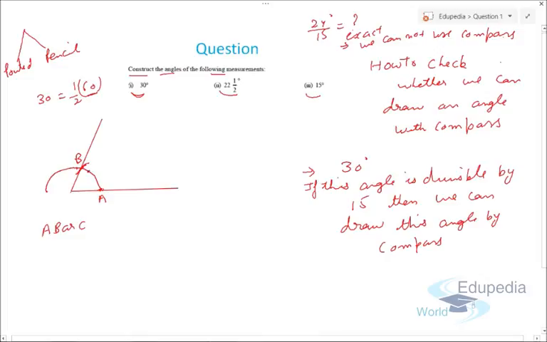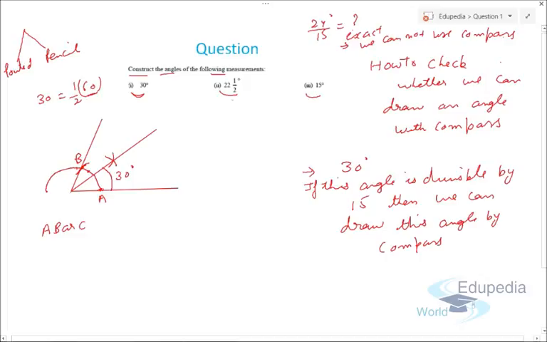Let's say we open and measure till over here. Then keeping A as center, we mark one arc over here. Then keeping B as center, we mark one point over here. Then we draw one more line passing through this point like this. So this becomes the 30 degree angle. This is how we can draw a 30 degree angle, right?